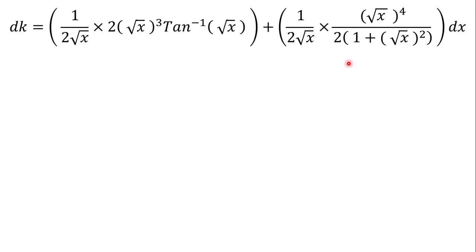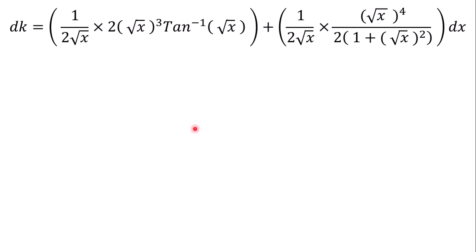Put this and then this into bracket and then multiply by 1 over 2 square root of x dx as it is equated to du. Okay, and then in the next step you do it this way. You're going to get the same answer as we are going to get in the next step here.